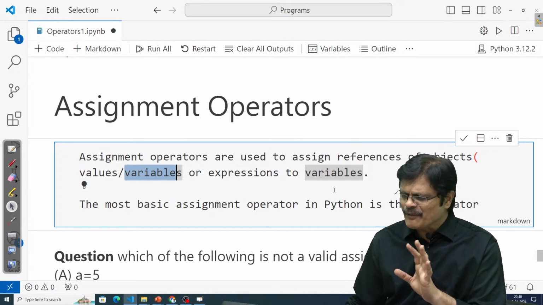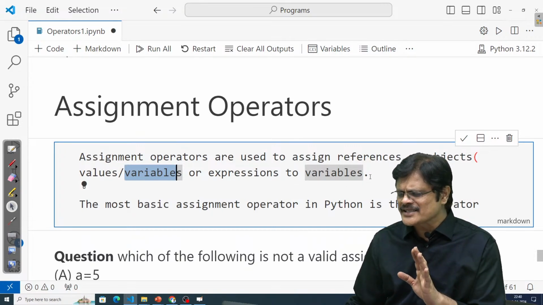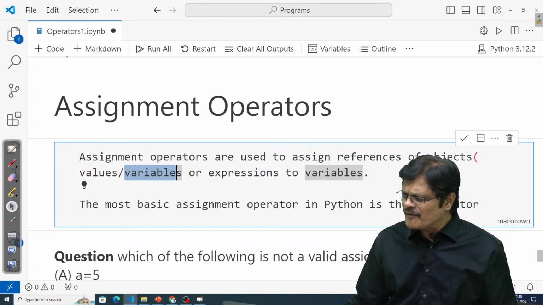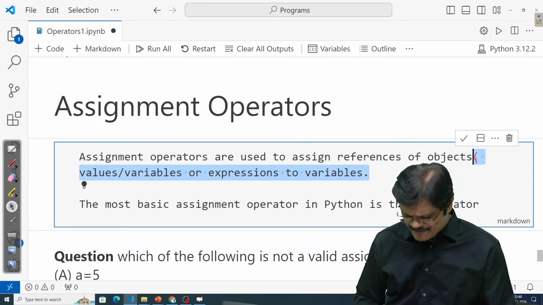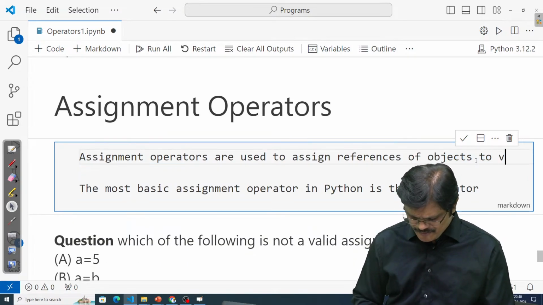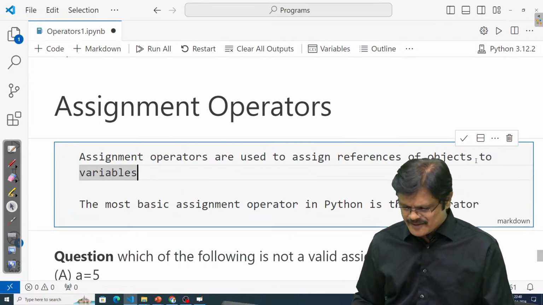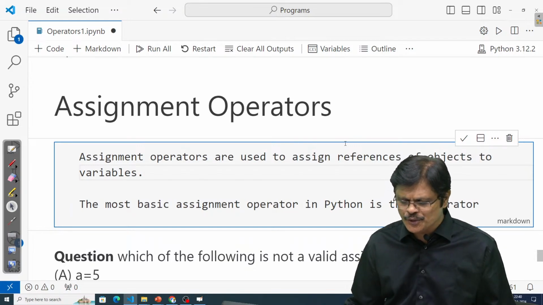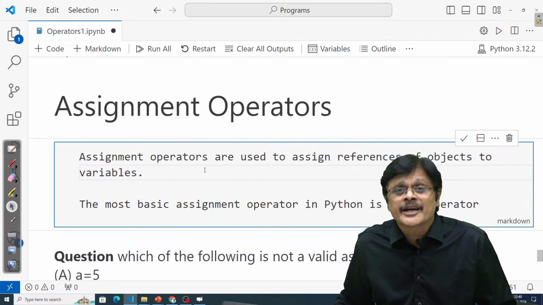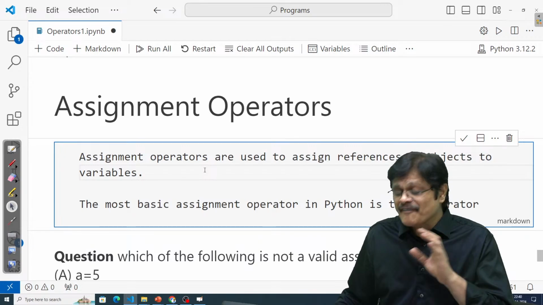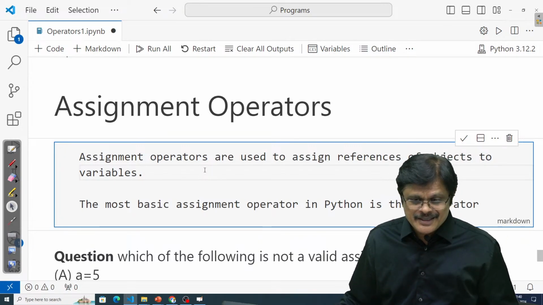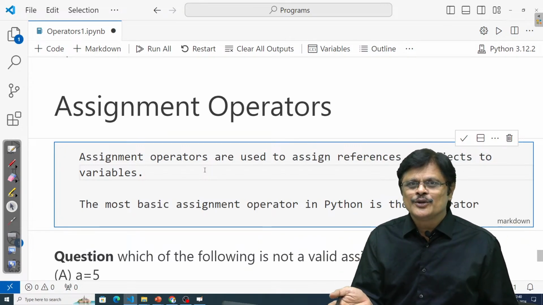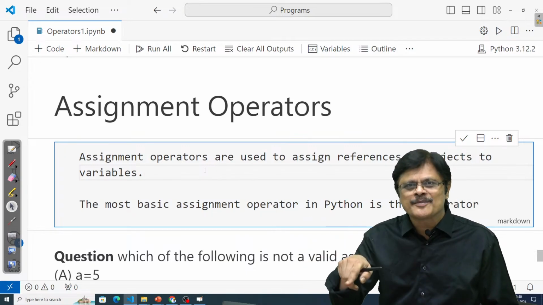Assignment operators are used to assign reference of object to variables. That is the simple way. Reference of object to variables is a better statement, because otherwise the meaning will go in a different manner. So note it like this: assignment operators are used to assign references of objects to variables. Those objects can be literals, or references of another object.